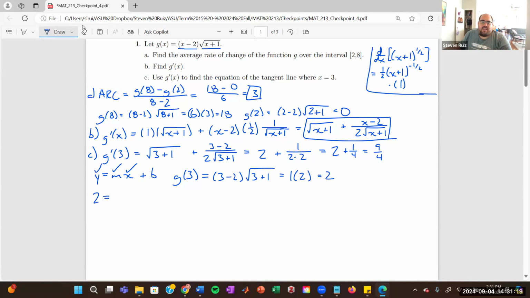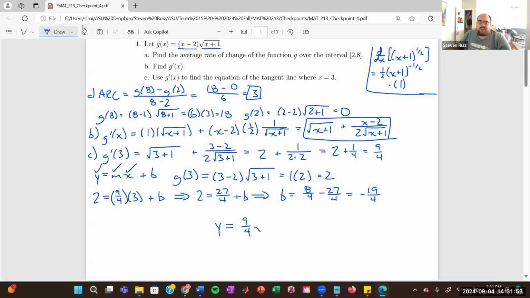So 2 equals M, which is 9/4, times X, which is 3, plus B. So 2 equals 27/4 plus B, which means that B is equal to 2, which I'm going to call 8/4, minus 27/4, and that's equal to negative 19/4. So the equation for the line we were looking for is this: Y equals 9/4 X minus 19/4.